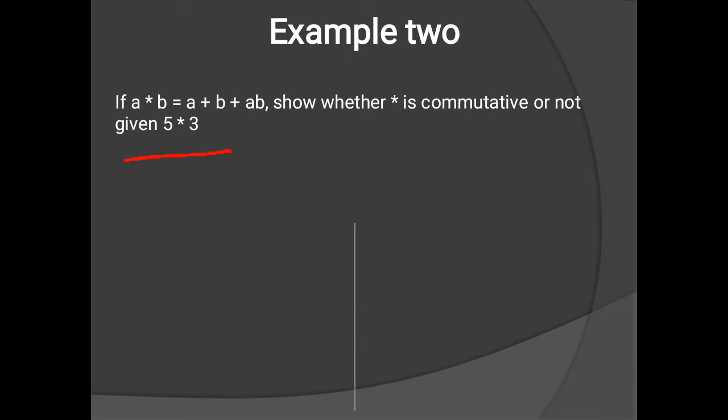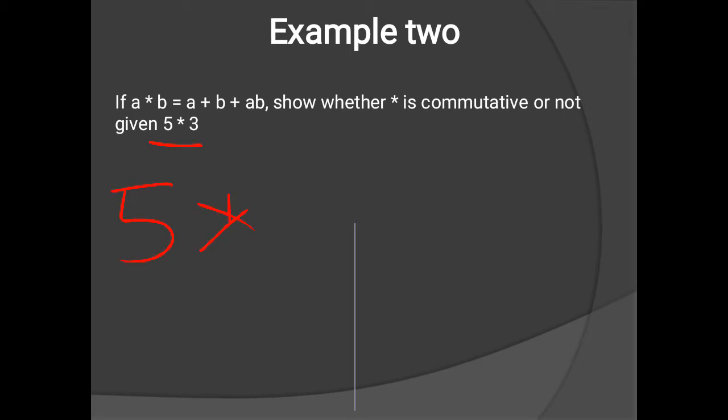We said for an operation to be commutative, A operation B should be equal to B operation A, right? But over here, given 5 operation 3, the operation we are using is what?